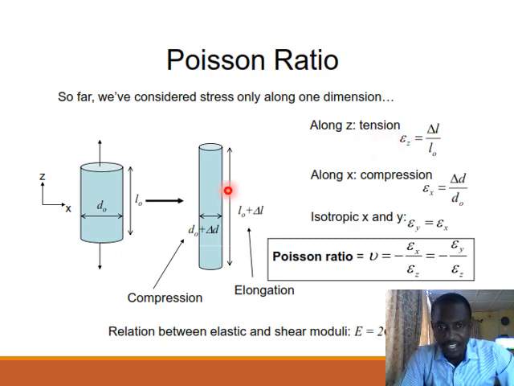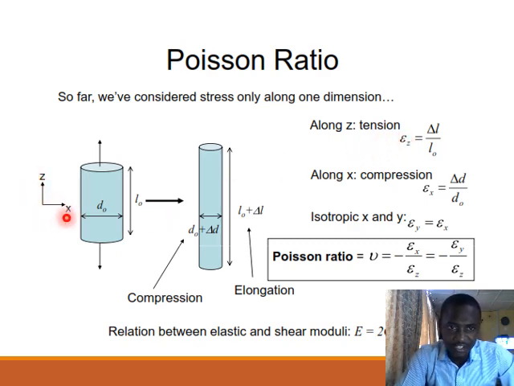If you take this direction Z and direction X as you have here, and you apply a force along direction Z, then along Z, L naught will become L. So you have an increase in the length, which is L naught plus delta L. But you see this D naught will reduce because of that elongation.